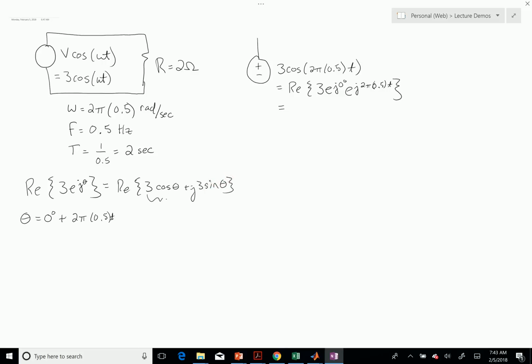So the real part is this part that doesn't have the j. So that's 3 cosine theta, plug back in what theta is, and I could just write that as 2 pi times 0.5 t, like that. Okay? All right, so remembering that, we call this thing here our phasor.